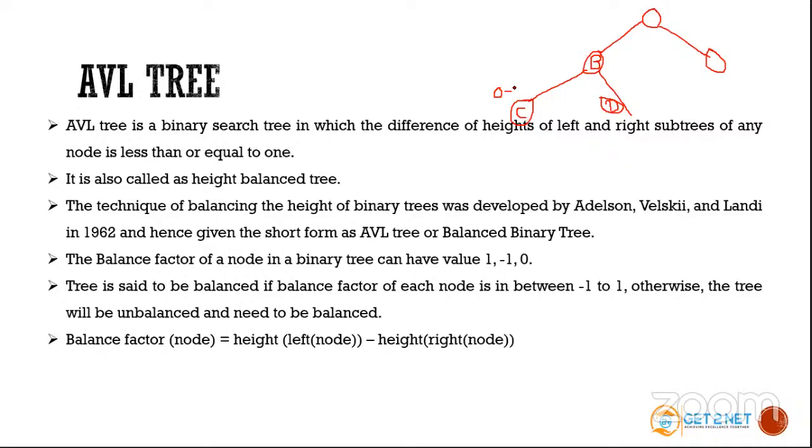That means 0 minus 0, that will be 0. In the D node also, there is no left subtree and no right subtree. That means this factor will also be 0. But in the B node, the left child height is 1 and the right child height is 1. That means 1 minus 1. What is it? 0.